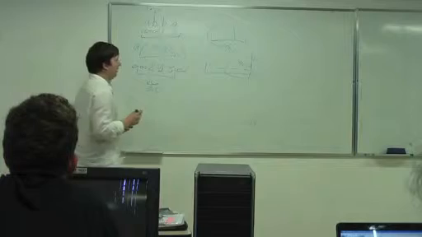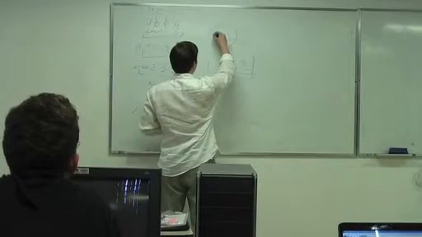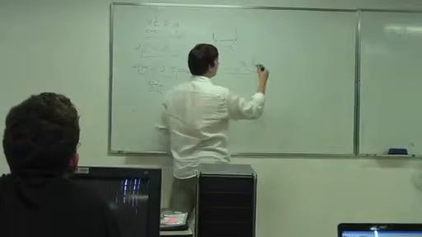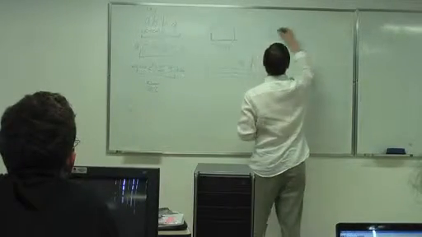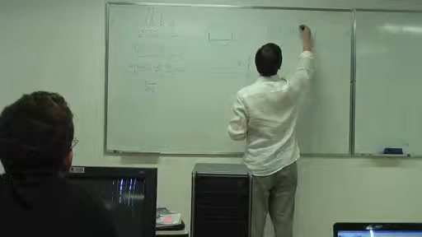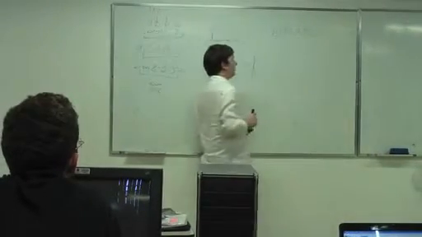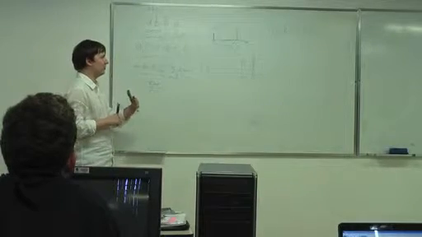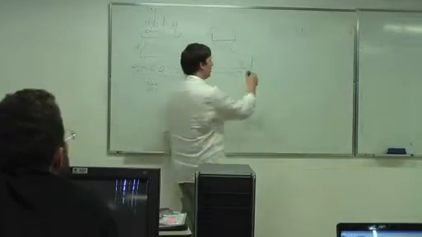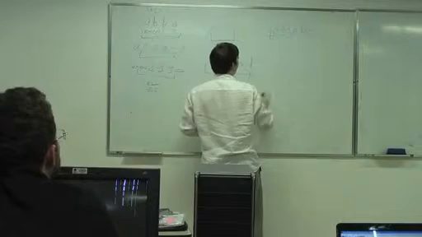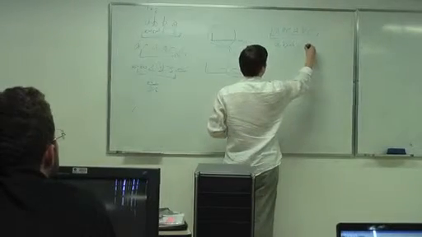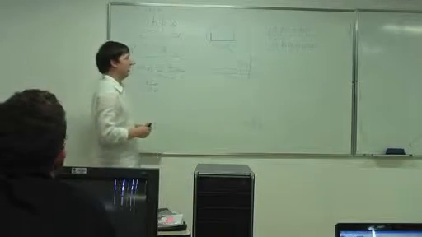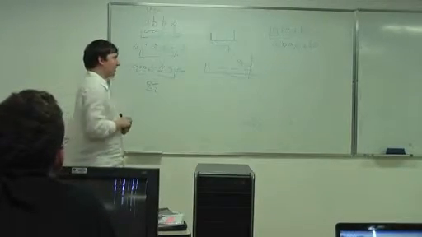The prefix function for a string, say ABC, is the longest prefix of the string that is also a suffix of the string. And for example, if it's ABA, then it will be A, because it's the longest prefix that is also a suffix.